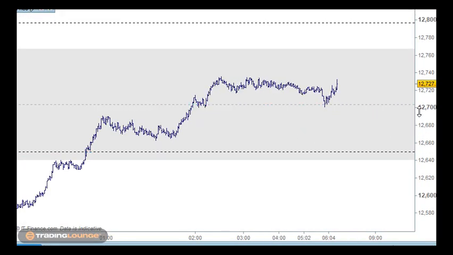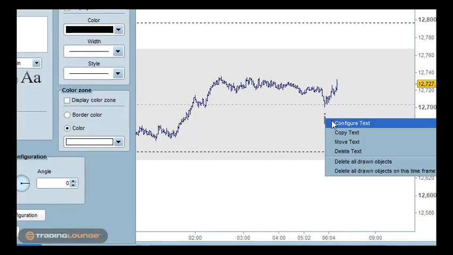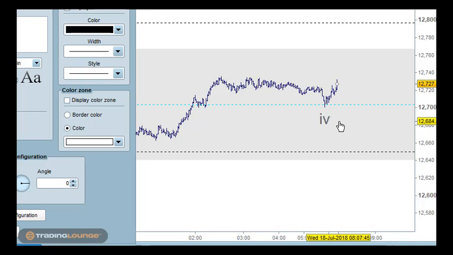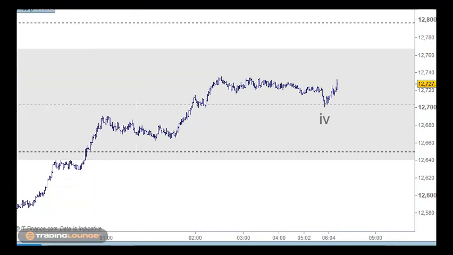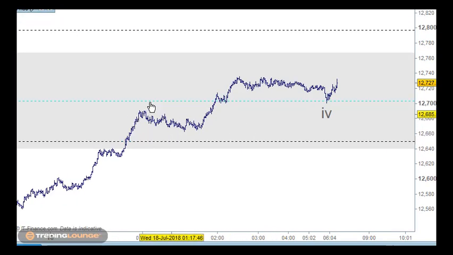So first of all, there's 12,700 here. This move here is a wave 4, and it's corrected. That was the wave 4 that I was looking for, I'd imagine. So if I can just put that here, then we can look for wave 5 to take us up into this space. This is another wave 4 here, same patterns.